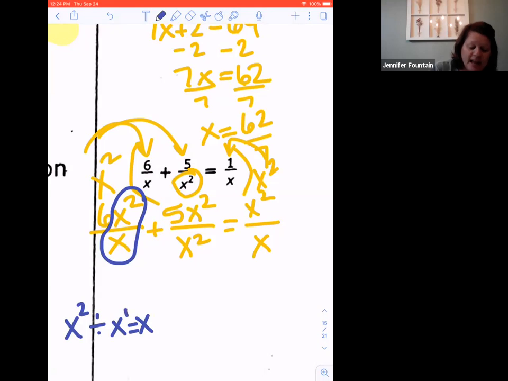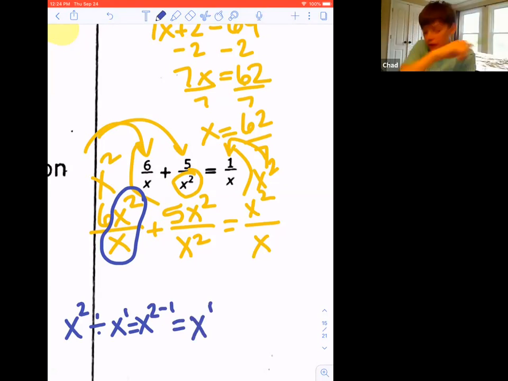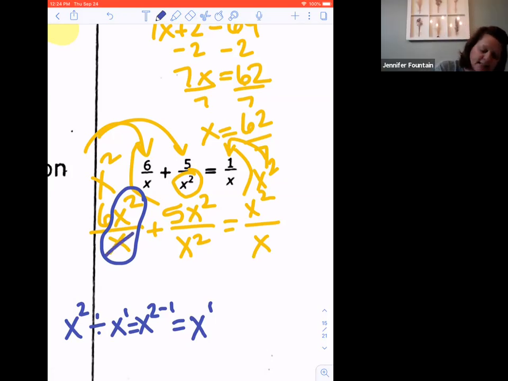So remember, an x by itself is the same as x to the first power. So this would be x to the second power minus 1. So I would have x to the first is what's left, right? So this x cancels, this 2 just becomes a 1. So I still have an x left there.